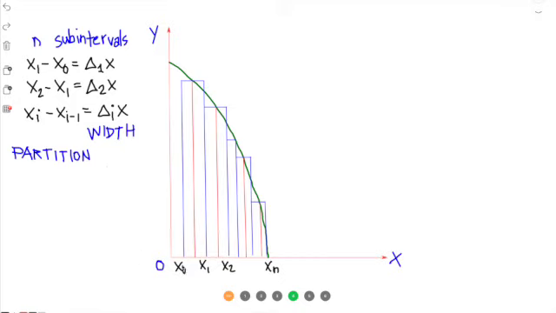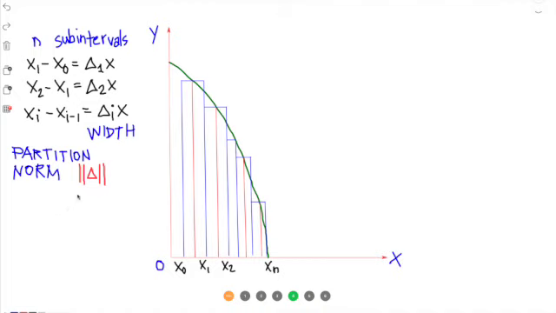The longest width, or the longest xi minus xi minus 1, is called the norm and is denoted by this. So when you see this, this is the norm. It describes the longest subinterval. Okay, so that is all about the width.